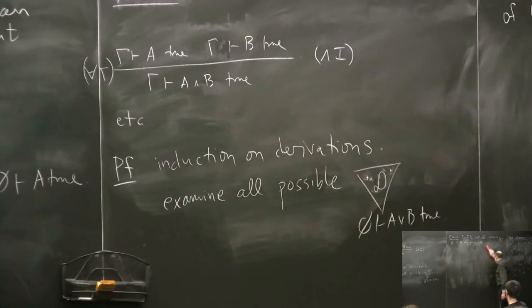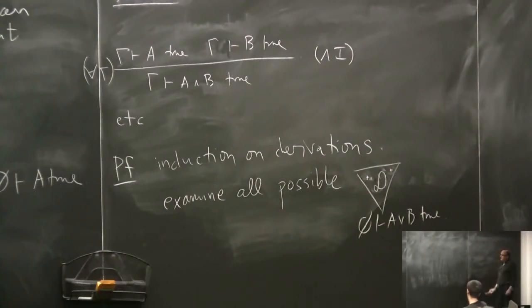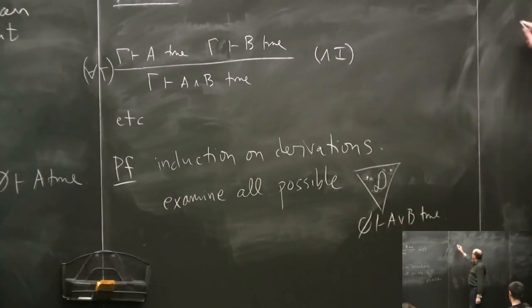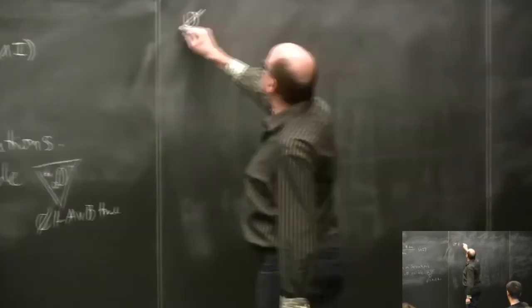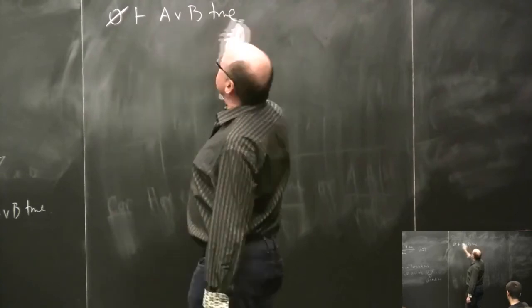Depending on how you happen to approach the problem, you might start out getting sort of lucky, and you might be optimistic. So you say, let's look at all the possible derivations. Here's one thing that could happen. What could this derivation look like?